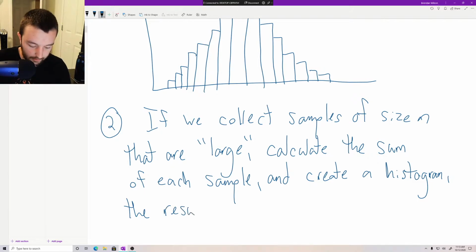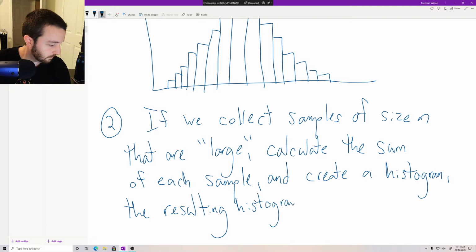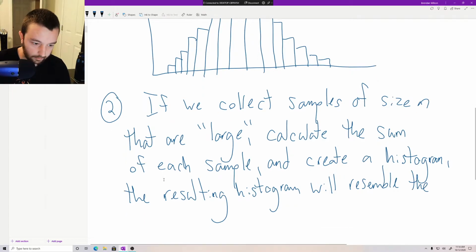The resulting histogram will resemble the bell curve again.